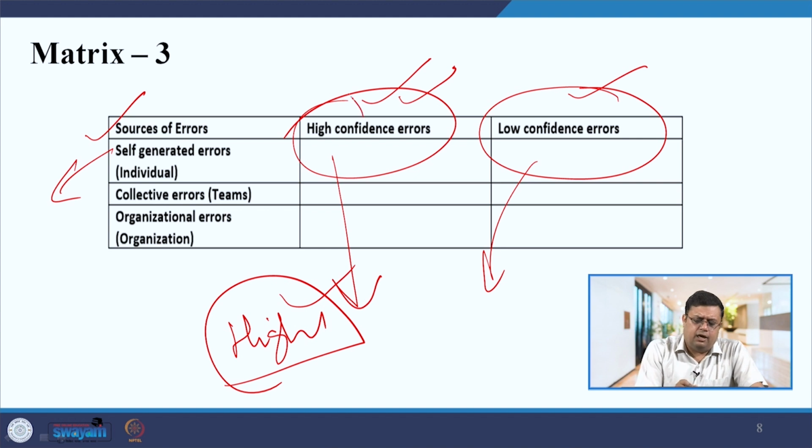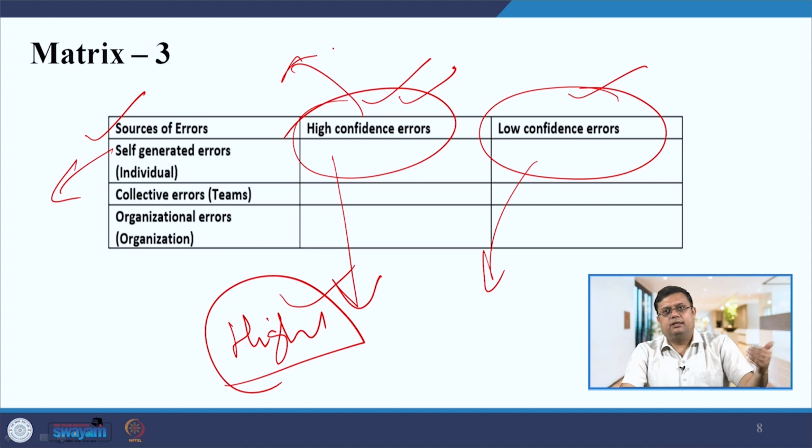So, for the high confidence error, I suggest job experience, right? Job experience, job rotation, job downward transfer, promotion, right? So, job experiences, where the employee is able to see what is working and what is not working under the guidance of someone, right.